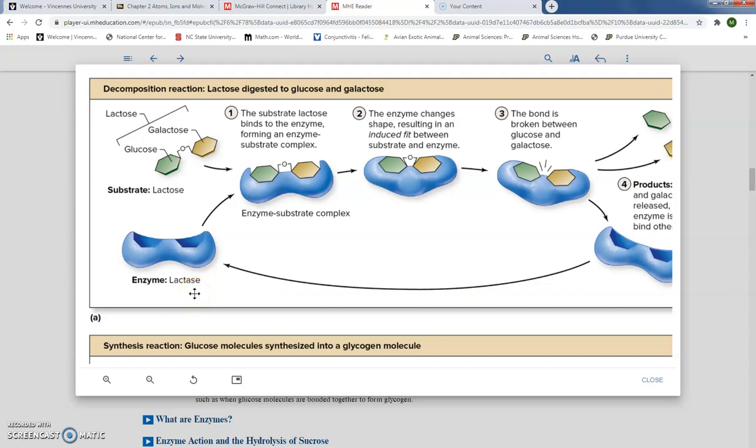We'll see some of those that don't, but a lot of them do. So if you ever see something that has ASE at the end, it's likely an enzyme, and then you can usually figure out from the first part before the ASE which substrate it is going to bind to and catalyze a chemical reaction.